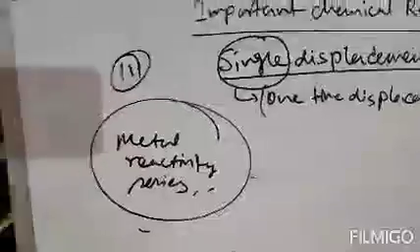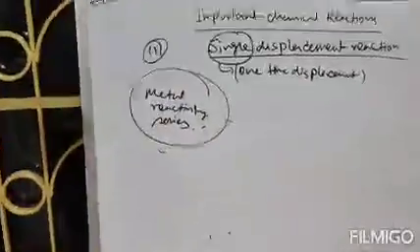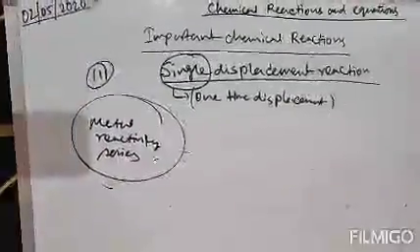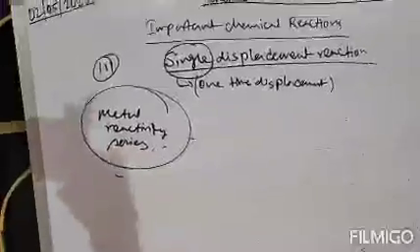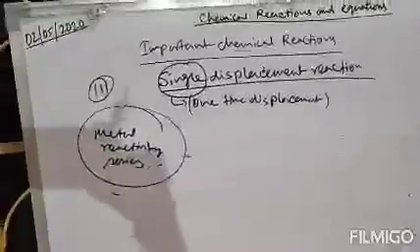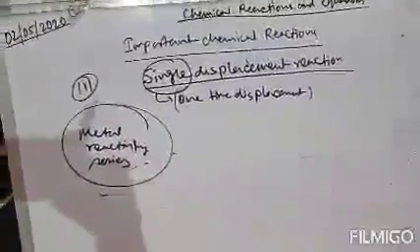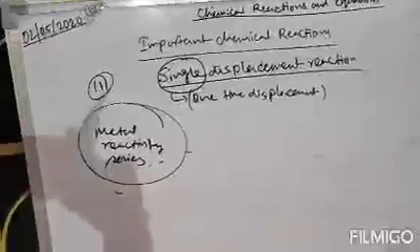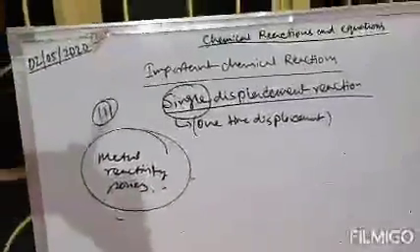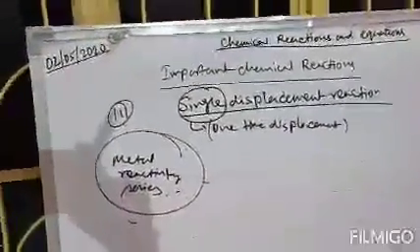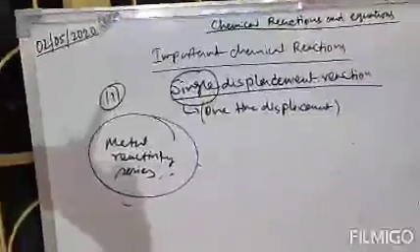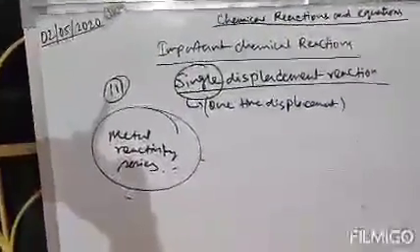Just see my lecture on metals and non-metals and you will understand better. Clear? Some metals are given, and according to their electron-losing or reactivity capacity, they are arranged in increasing order. So this is termed the metal reactivity series. In that case, a highly reactive metal will displace the less reactive metal.